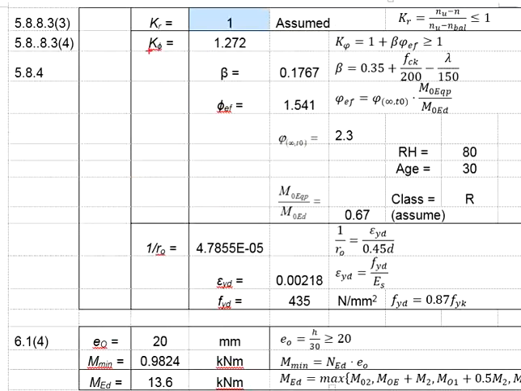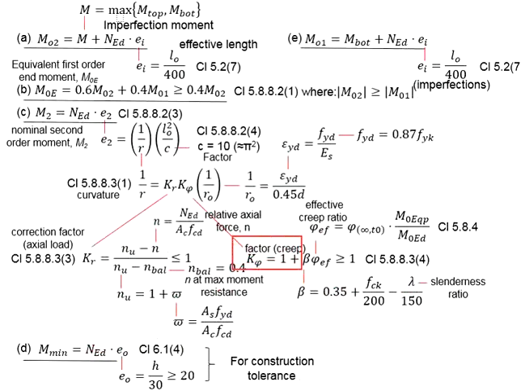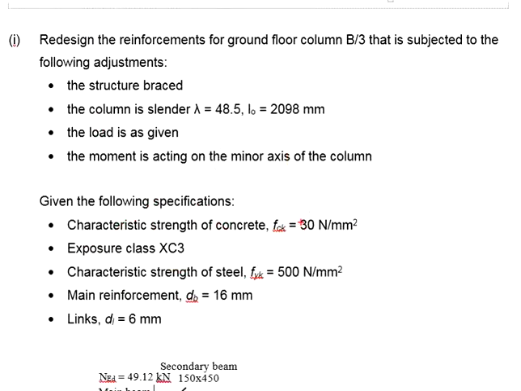And then you need to get the K phi. K phi is the creep factor. You need the effective creep ratio, and also you need a factor beta here. The beta is governed by FCK and also the slenderness ratio. FCK is given as 30 Newton per mm square. The slenderness ratio is given as 48.5.